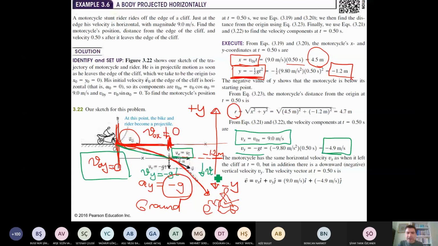And you can calculate the instantaneous velocity by using this equation, components of the velocity, Vx i plus Vy j, and just use them. You have calculated here, put them here, and then we have this type of velocity.